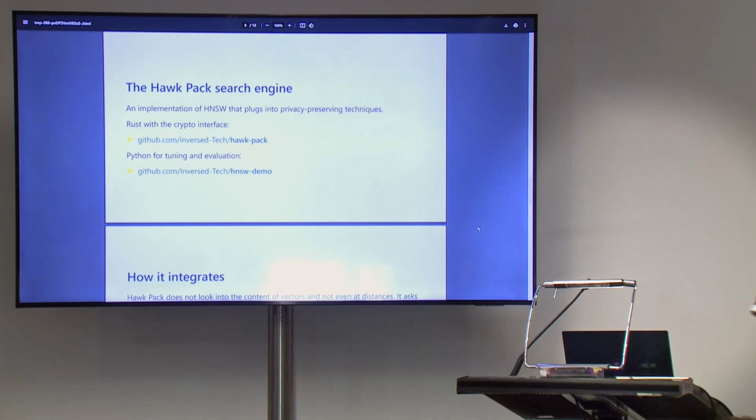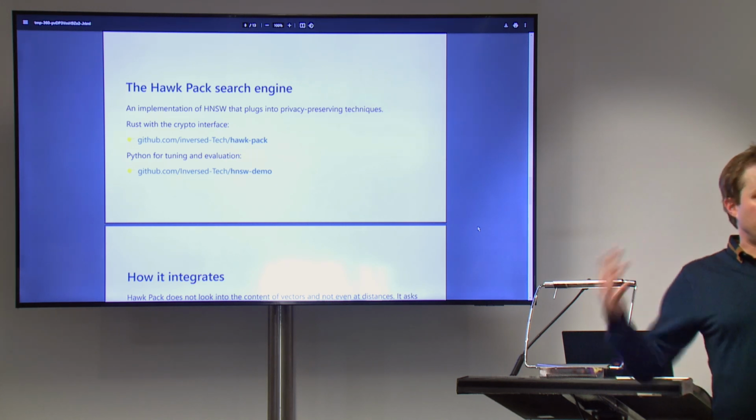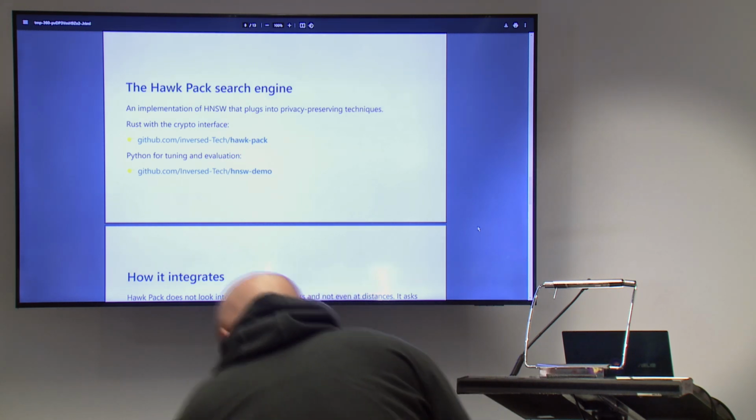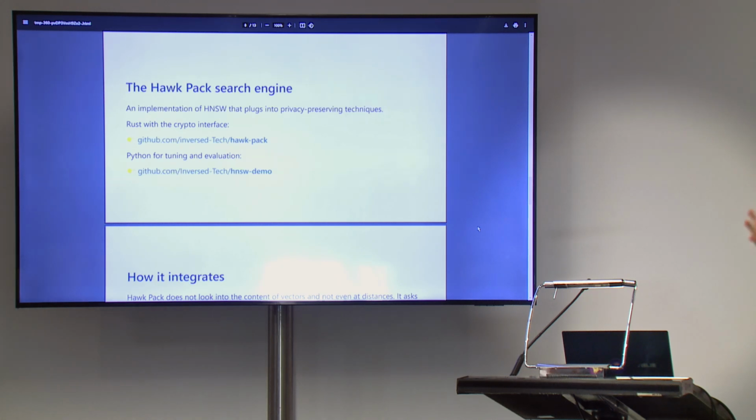So HawkPack. Hawk is the bird, which represents the search, the accuracy, and the pack represents the decentralization. So what we want to do is to connect this algorithm to privacy-preserving techniques like homomorphic encryption or MPC. So the MPC network is the pack.